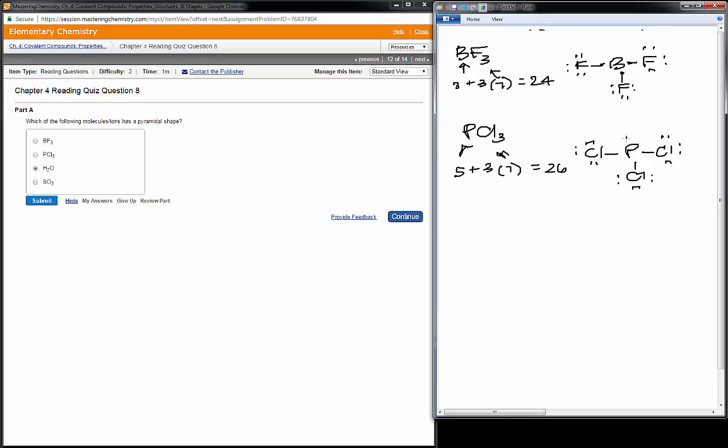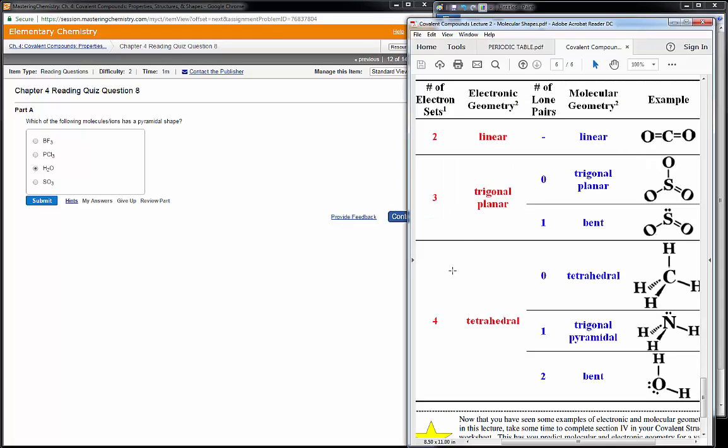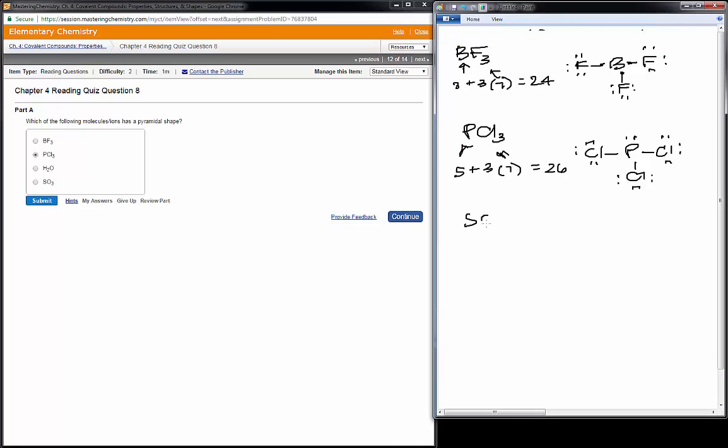And now the remaining 2 electrons go in the middle. And so here it appears that phosphorus has 4 electron sets. 3 of them are single bonds and 1 lone pair. So 4 electron sets with 1 lone pair, that would be pyramidal. So I think it's PCl3, but I'm going to check on SO3 just in case.